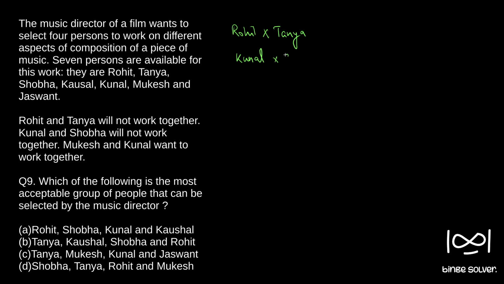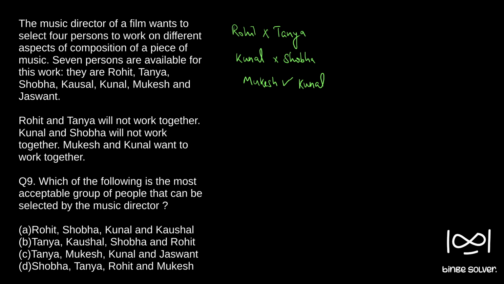Mukesh and Kunal want to work together. Which of the following is the most acceptable group of people that can be selected by the music director? So we'll check each option.